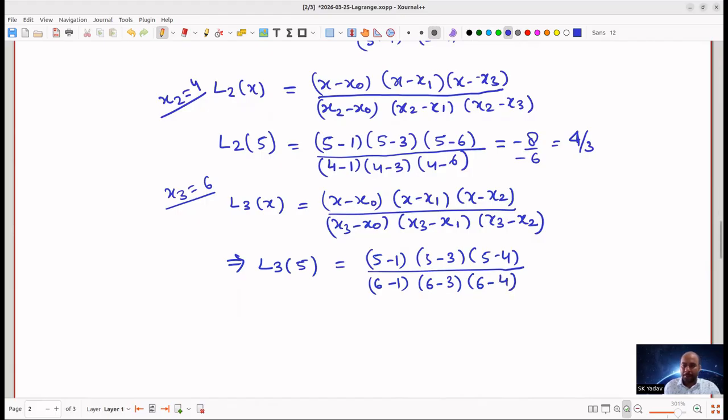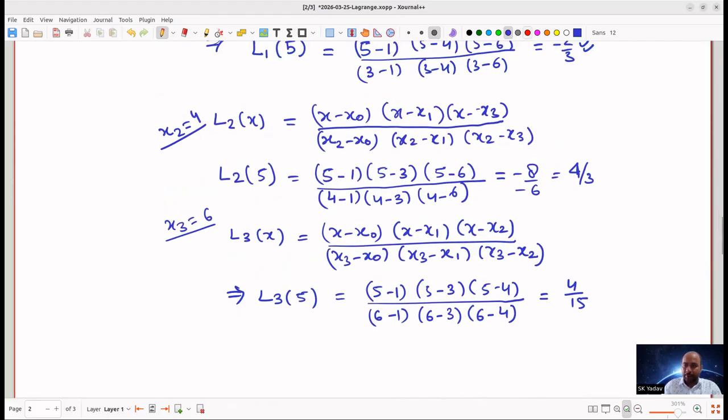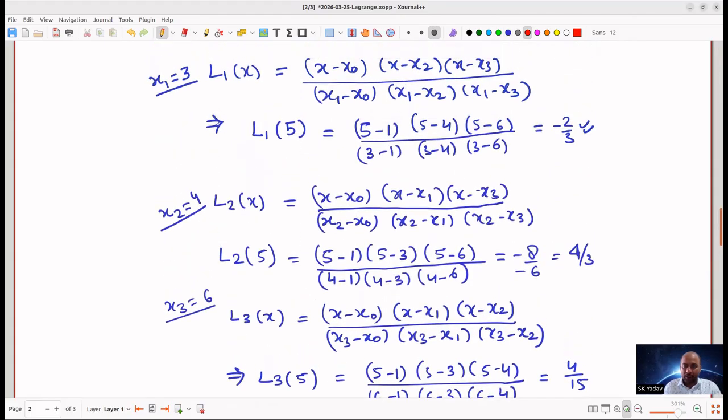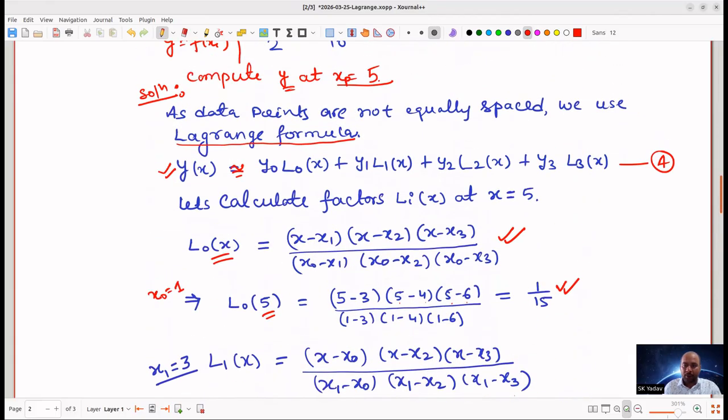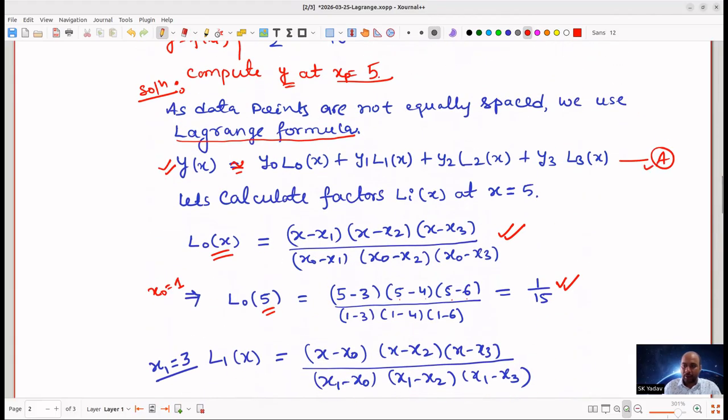So this will give you 4 by 15 on simplifying. So now I have computed these factors, and they need to be kept in the formula, which is given as equation number A.